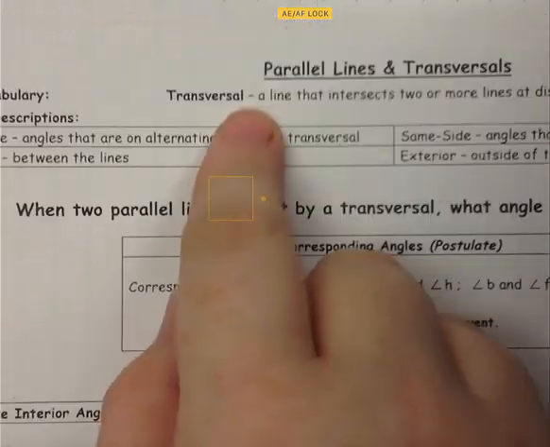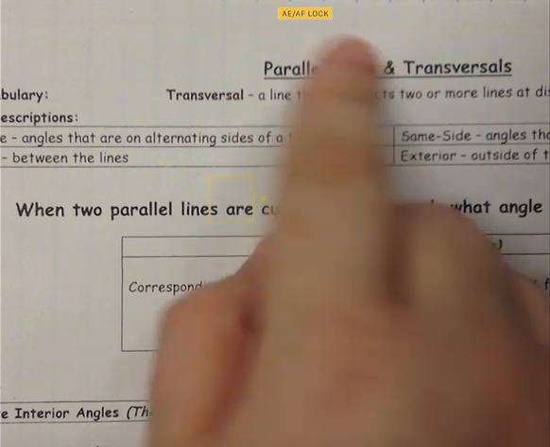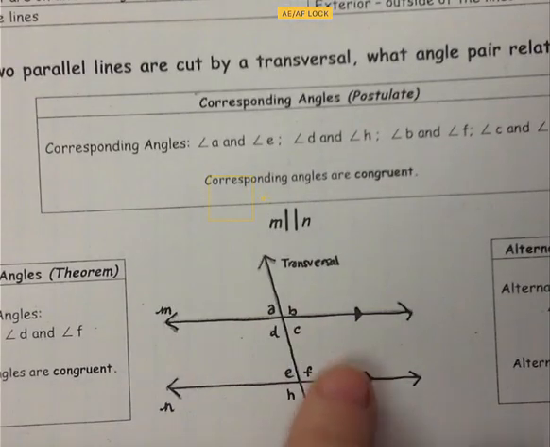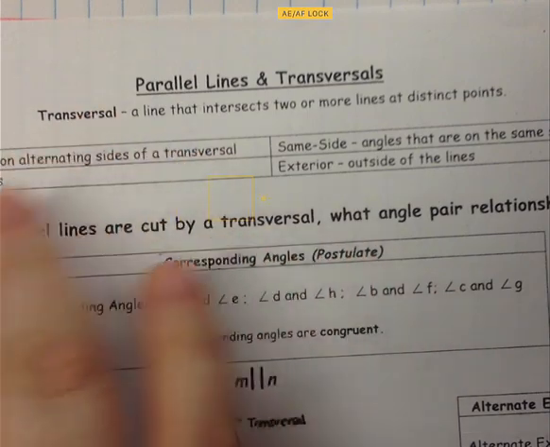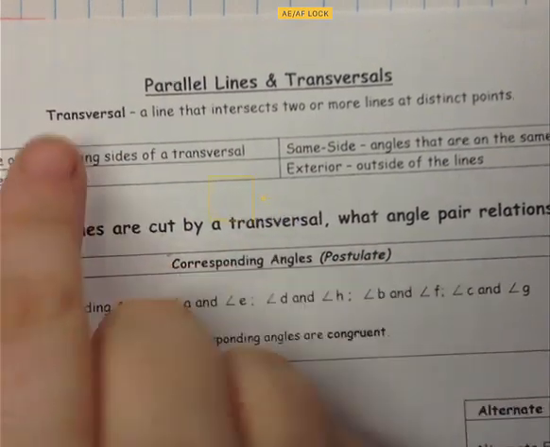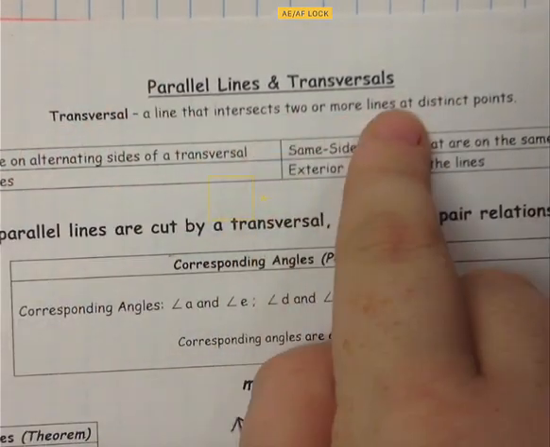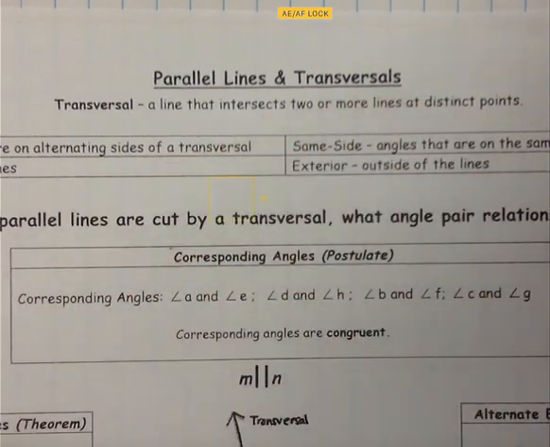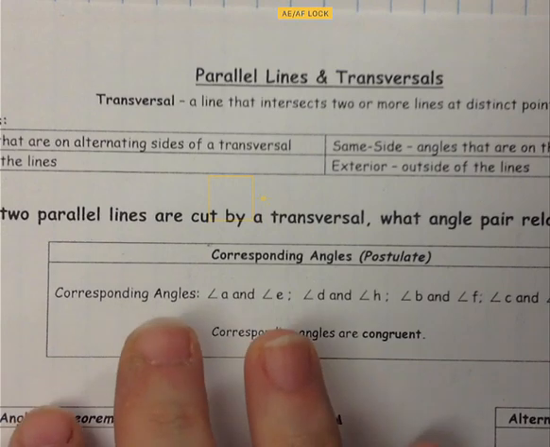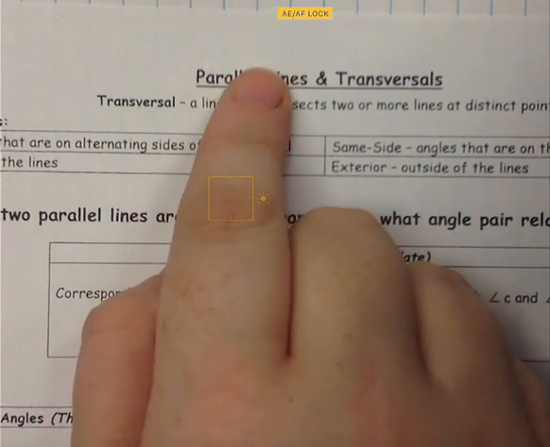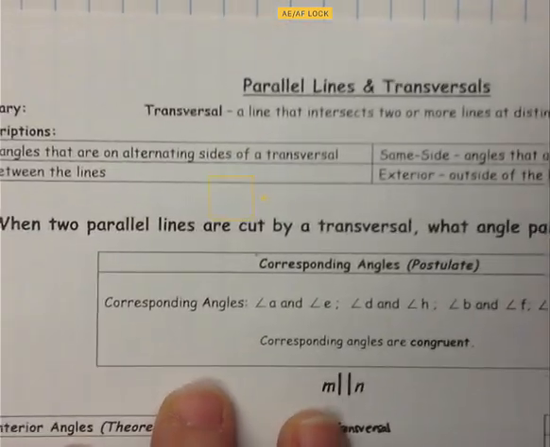If the transversal is crossing parallel lines like it is here, then the relationships have a very specific numerical relationship. Transversals crossing any two or more lines already have a very special relationship, but the numerical relationship changes when they're crossing through parallel lines.